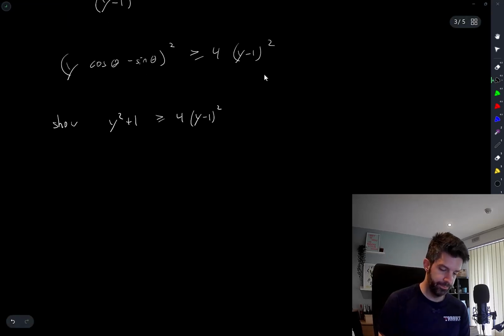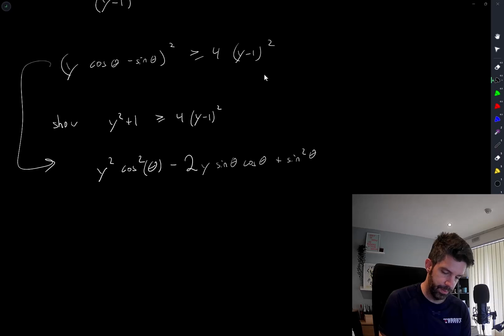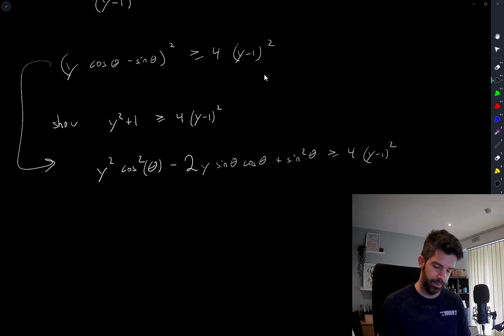I mean, if I expand here, I get y squared cosine squared theta minus 2y sine theta cos theta plus sine squared theta is greater than or equal to 4 times y minus 1 squared.